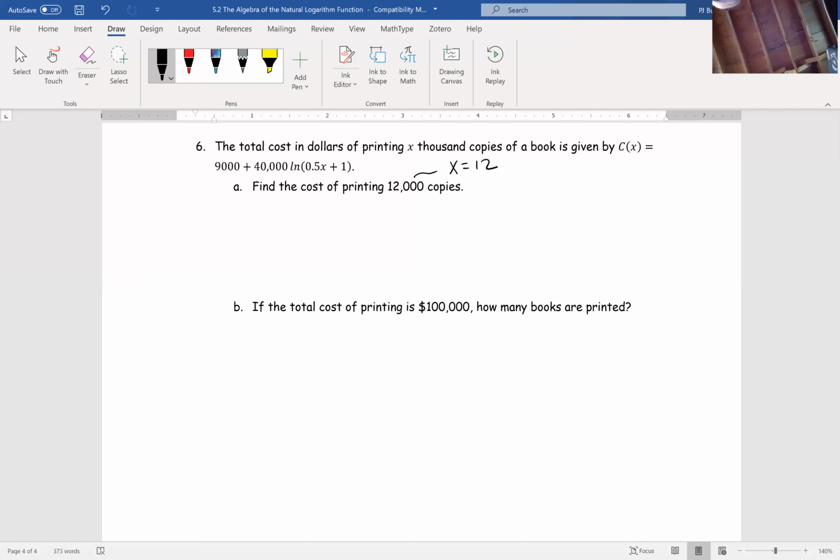So for the cost, just plug it in. So C of 12.